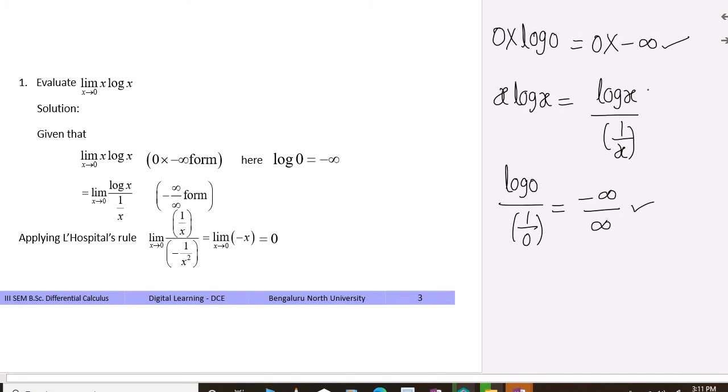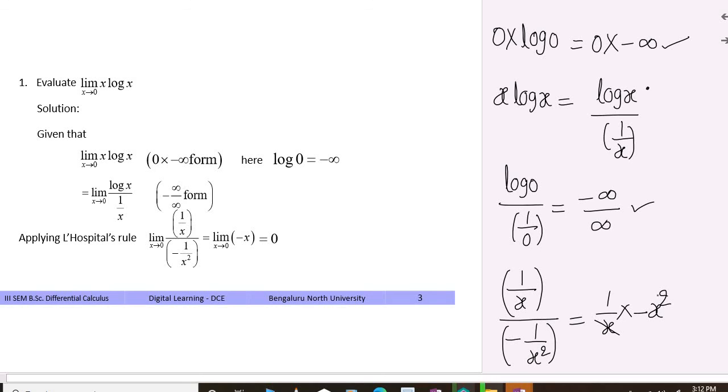Here log x differentiation is 1 by x. 1 by x differentiation is minus 1 by x square. So, the process of differentiation is completed. 1 by x into minus x square.